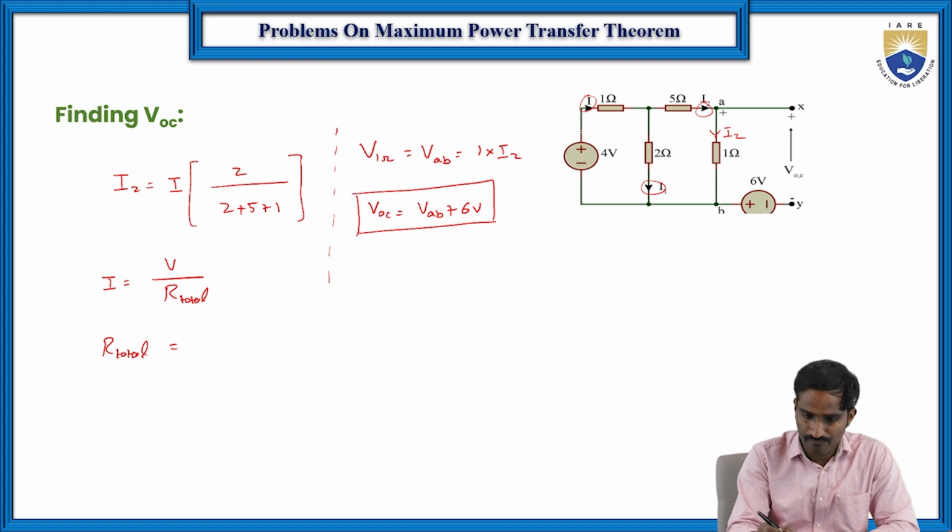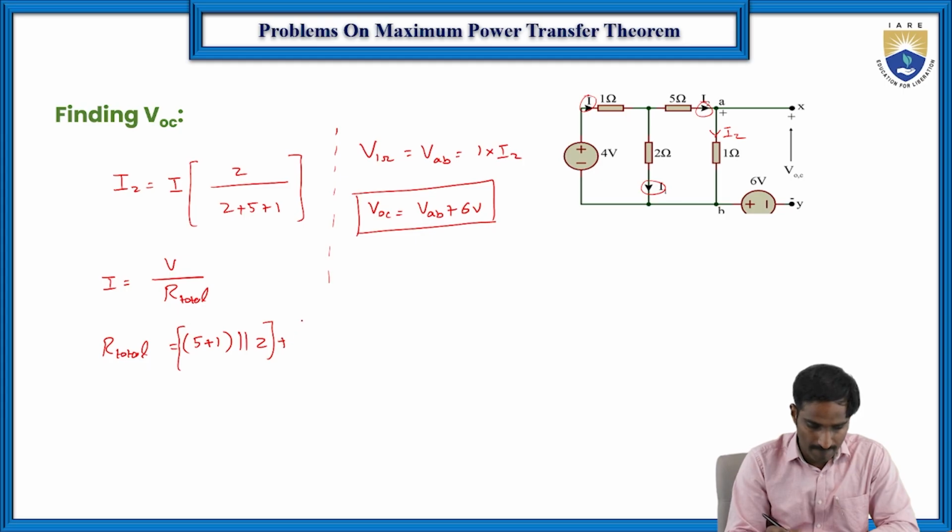R total is equal to: these 5 and 1 are in series, so 5 plus 1, and this combination is in parallel with this 2 ohm resistor. And this total is again in series with this 1 ohm resistor.